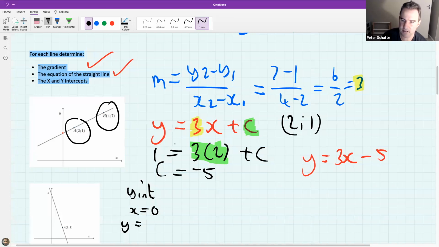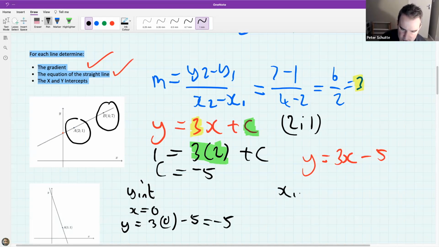It was +6, it becomes -6, yeah. So if I make x 0, I should get y is -5, or x is 0, y is -5. Now that drawing for some reason doesn't add up, but yeah.